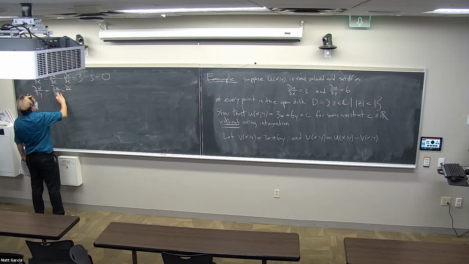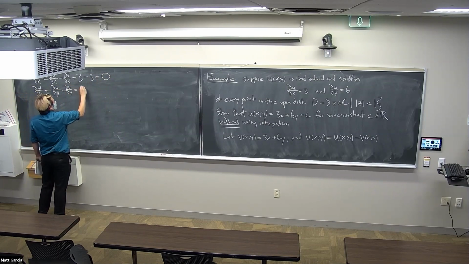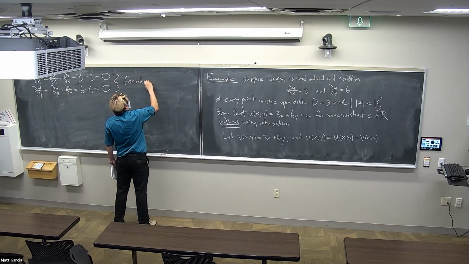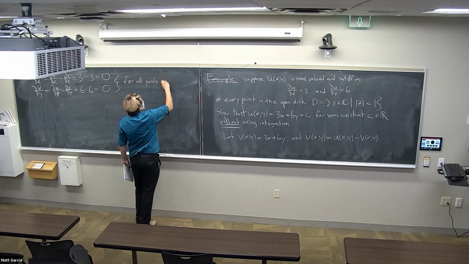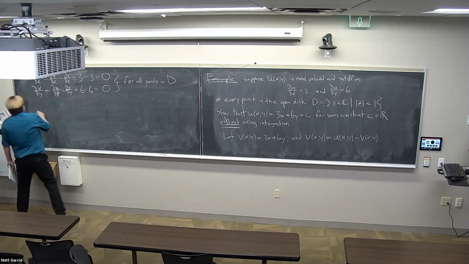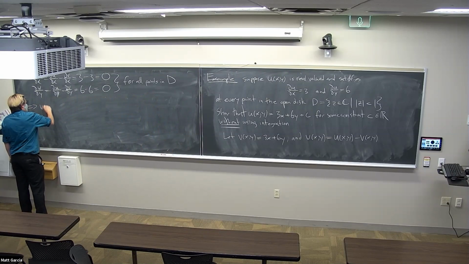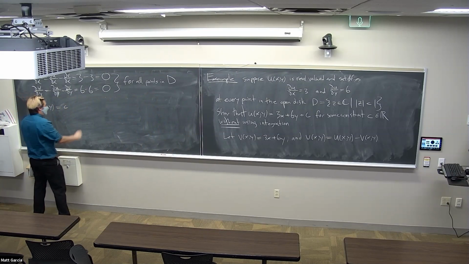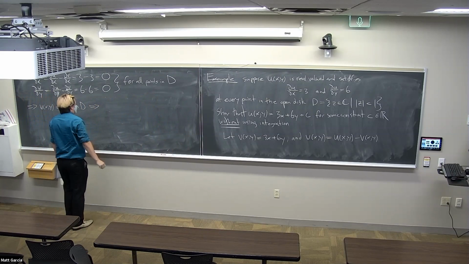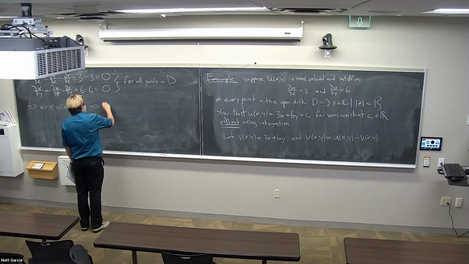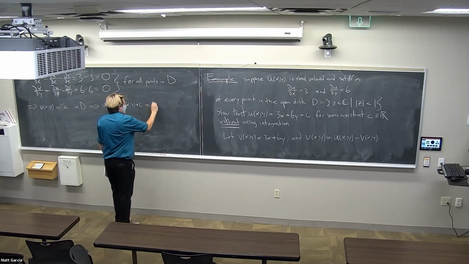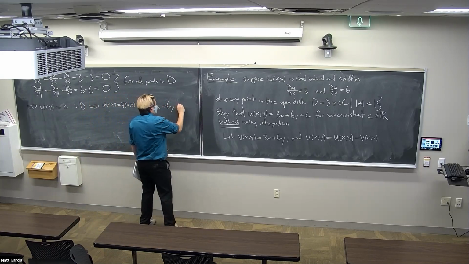Oh, sorry, y, not x. 6 minus 6 for all points in D. Okay, so this implies by our theorem that the function w(x,y) is equal to some constant c in D, which implies that u(x,y) is equal to v(x,y) plus c, or 3x plus 6y plus c.